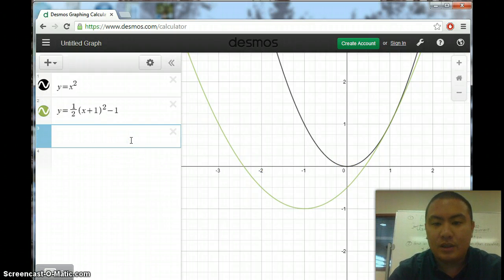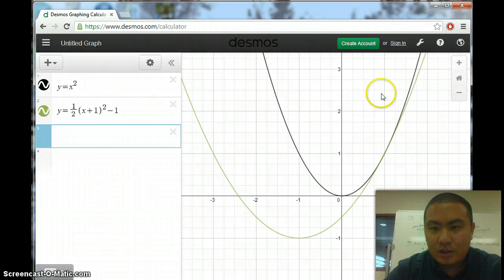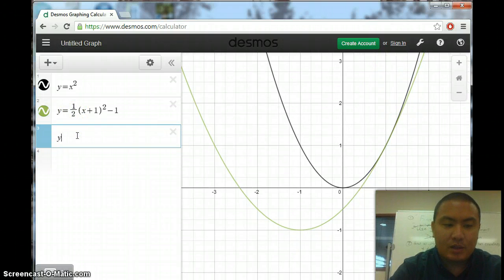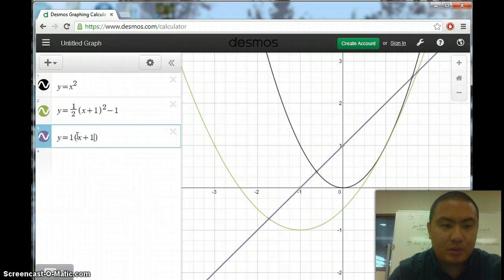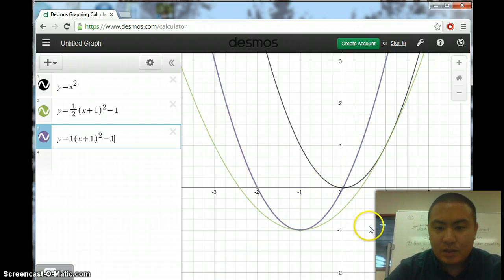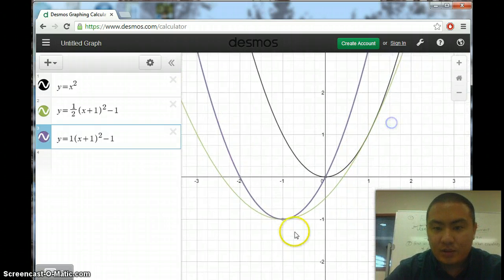Alright, now if we moved over 2, right, we would have gone up 4 in a normal one. Okay, if this was 1, we would have had y equals 1 (x plus 1) squared minus 1. We would normally have over 2, and then 2 squared is 4.